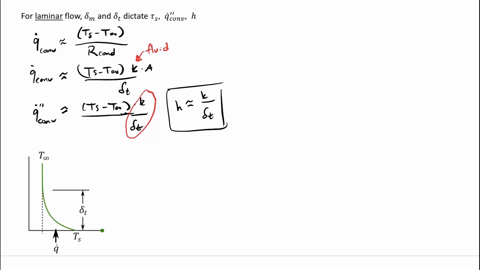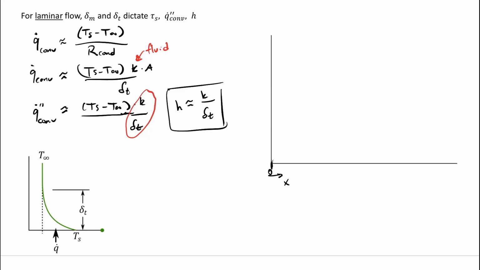Let's actually sketch out what it looks like as a function of position. So let me draw some axes here. Let's start with our thermal boundary layer. This is coordinate X, and this is 0 here.